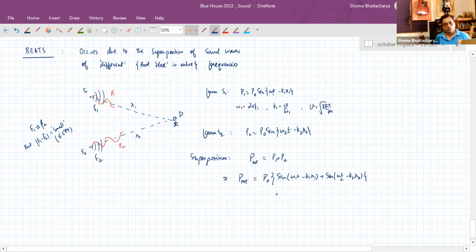So K1 X1 is, let's say, alpha, the constant, and K2 X2 is beta, which is a constant.